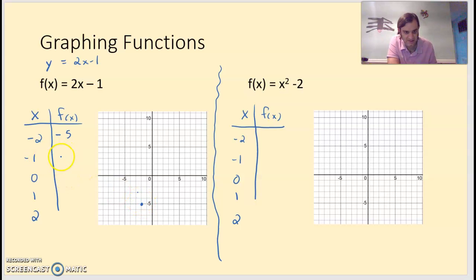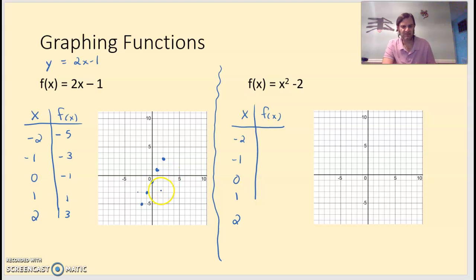I'll plug negative 1 in, I get negative 3. So I can plot that point, negative 1, negative 3. Plug 0 in, I get negative 1. So I can plot that point. If I plug 1 in, I get 1. So I can plot that point. And when I plug 2 in, I get 3.